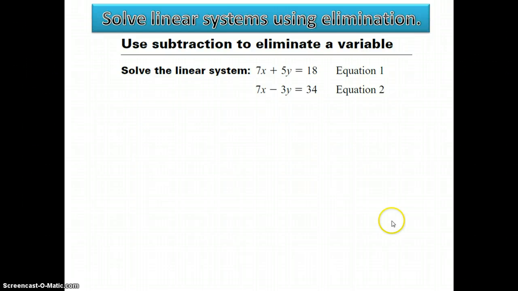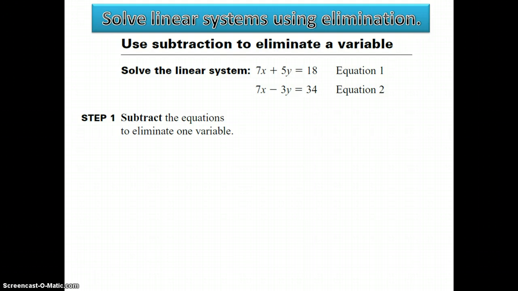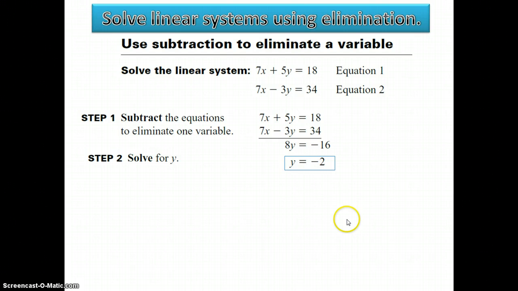We want to solve using elimination, and this time we'll be subtracting. So looking at our system, we see both equations have a positive 7x. And if we subtract the second equation and solve, I'm going to go backwards.